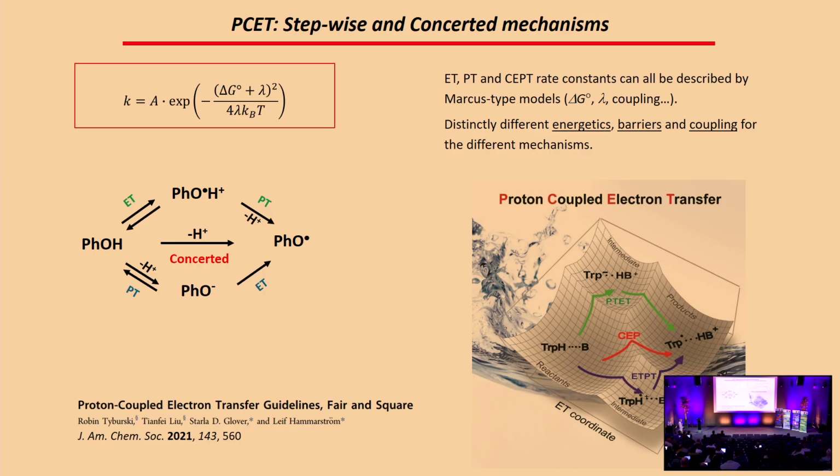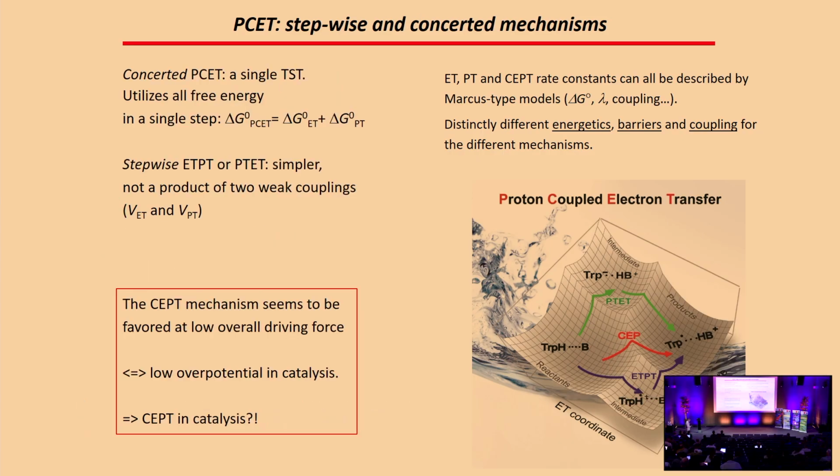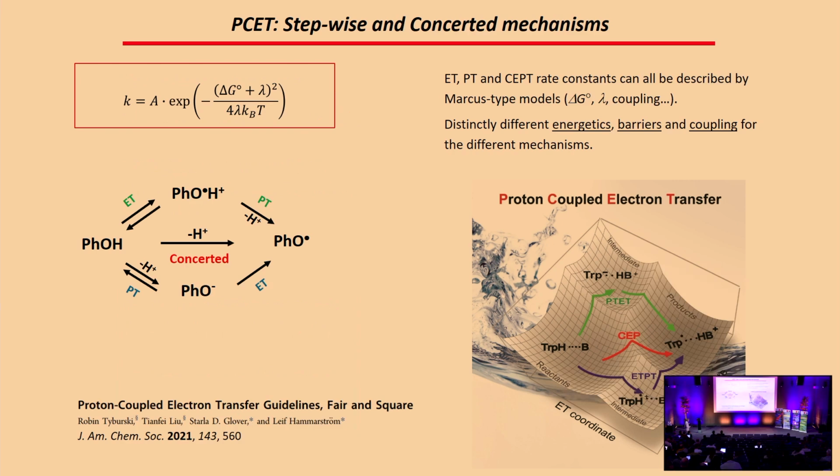And since this is the lowest state, going from here to here should have the lowest barrier because it uses all the free energy available in a single reaction step, while these have much less driving force and often are uphill. So energetically, this should be favored, but at the same time, it could be that it has the complication of having two particles that need to tunnel at the same time.